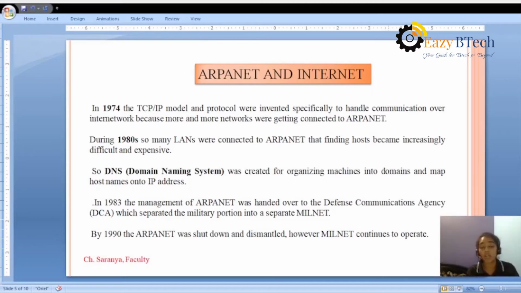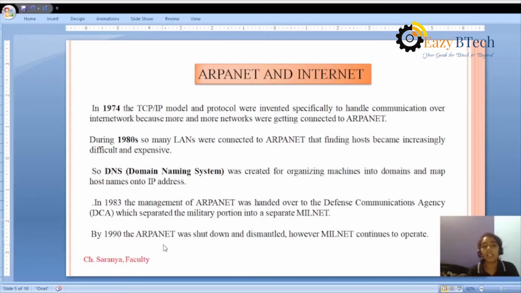I already said in the previous session what DNS means. DNS is one type of protocol that converts a domain name into an IP address as well as an IP address into a domain name. In 1983, the management of ARPANET was handed over to the Defense Communications Agency, DCA, which separated the military portion into a separate MILNET.